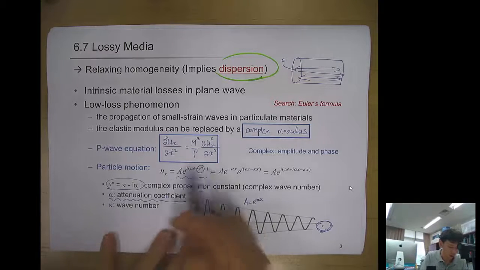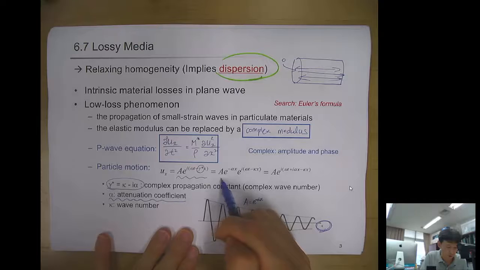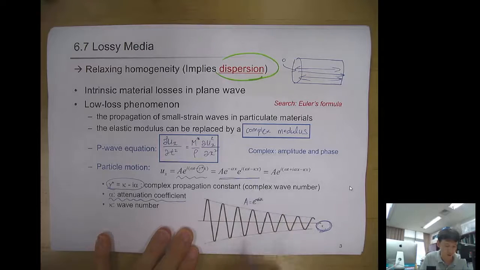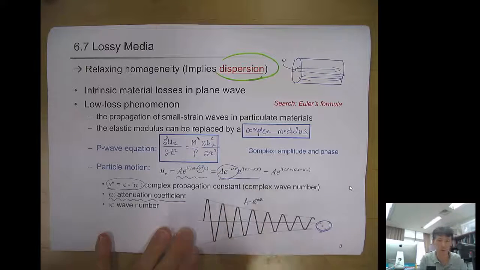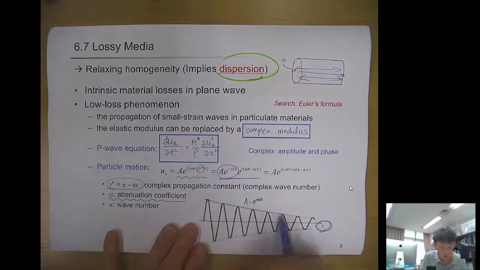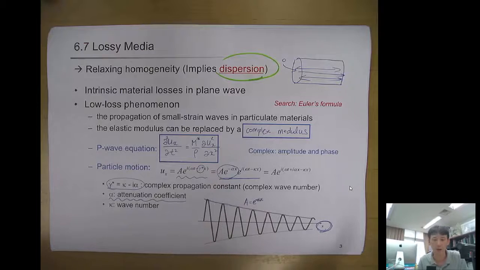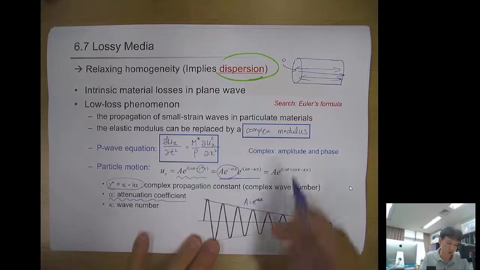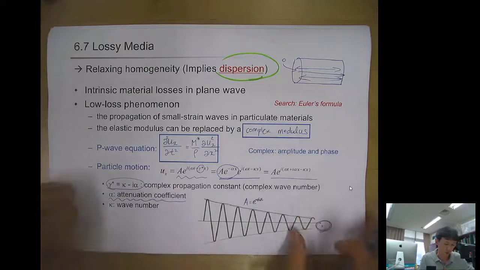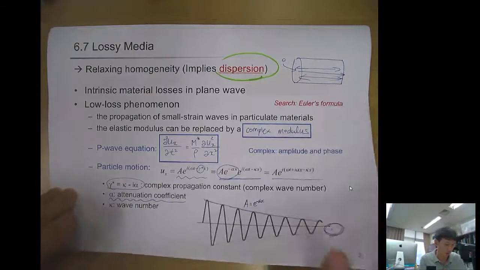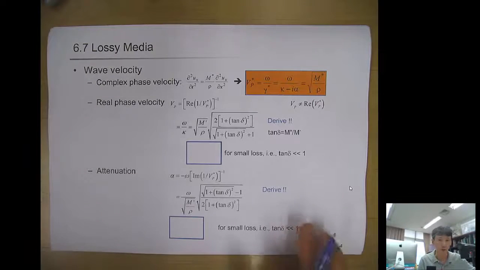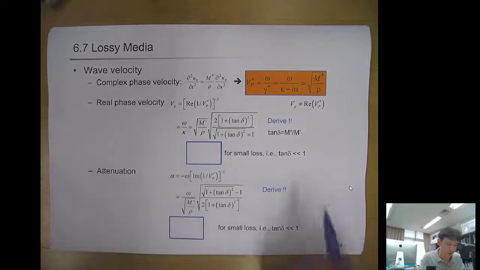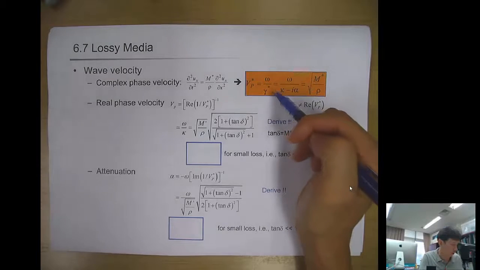The particle motion equations will be modified a little bit with this alpha, and you can see this represents the amplitude degradation over the oscillations. You can simplify the equation like this. Then the wave velocity is again omega over gamma asterisk.